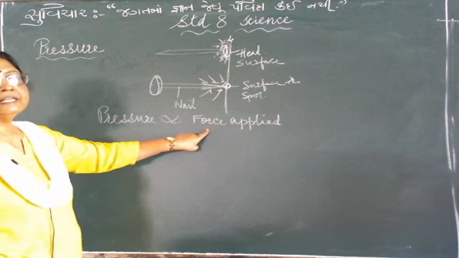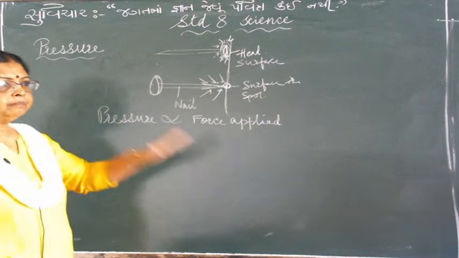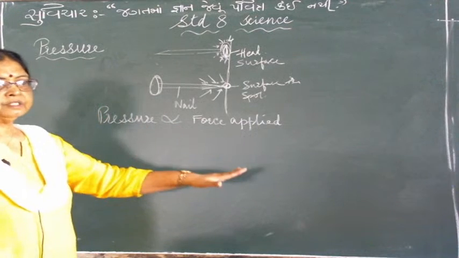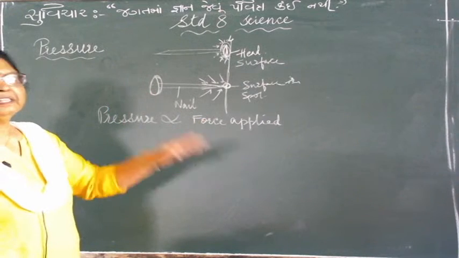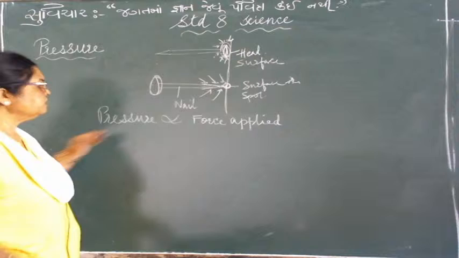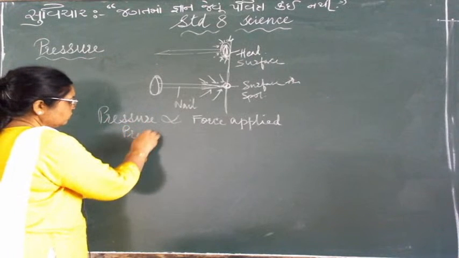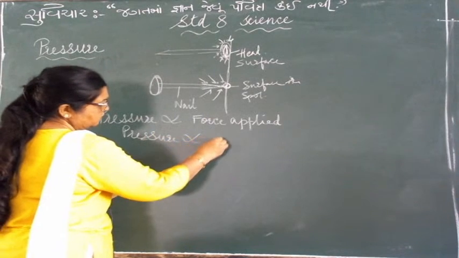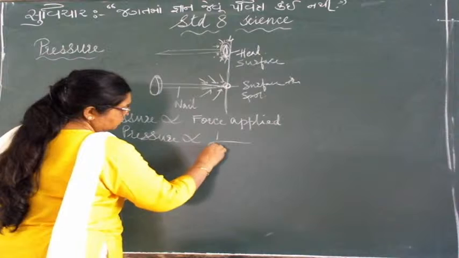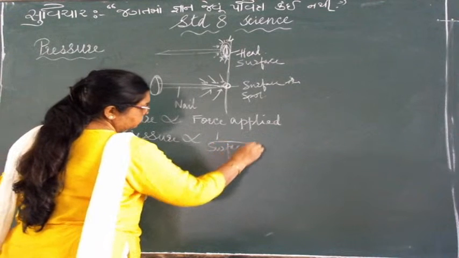If you apply less force, there is less pressure. Naturally, if you apply more force, you get more pressure. If you apply less, you get less pressure. And pressure also depends on surface area.